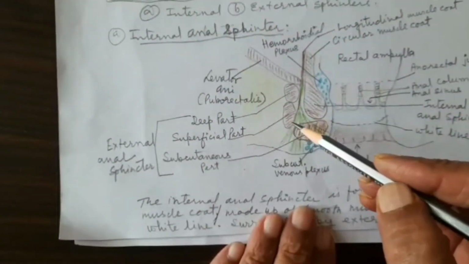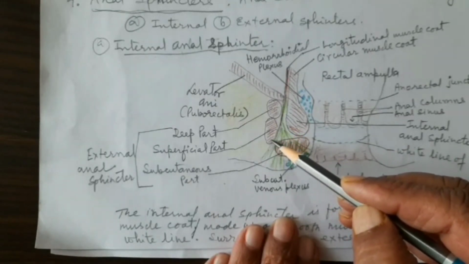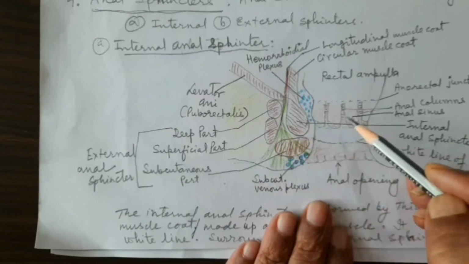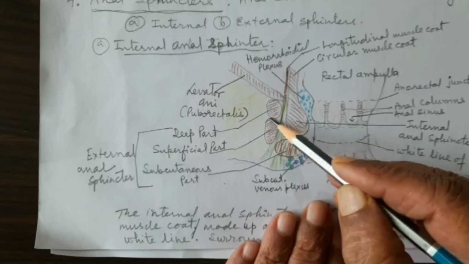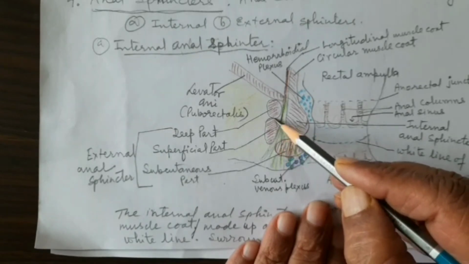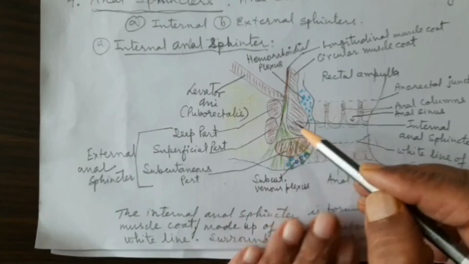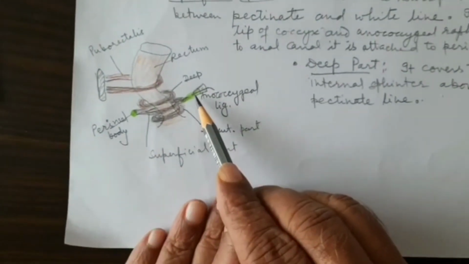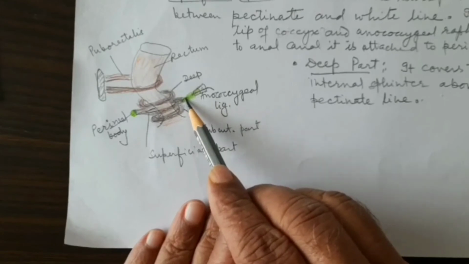Let us see this superficial part of the external sphincter. It is surrounding the internal sphincter between the white line and the pectinate line, so it is at the level of the pectinate line and white line. I was telling that it takes origin from the tip of the coccyx as well as from the anococcygeal ligament.